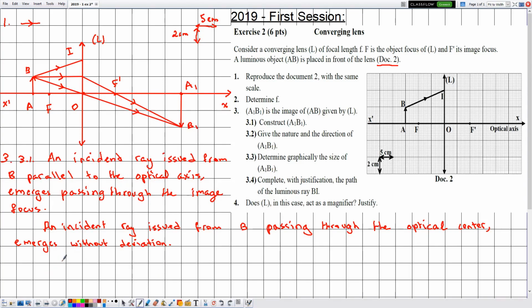So what does B1 represent? The image B1 of B is the intersection of the emergent rays.